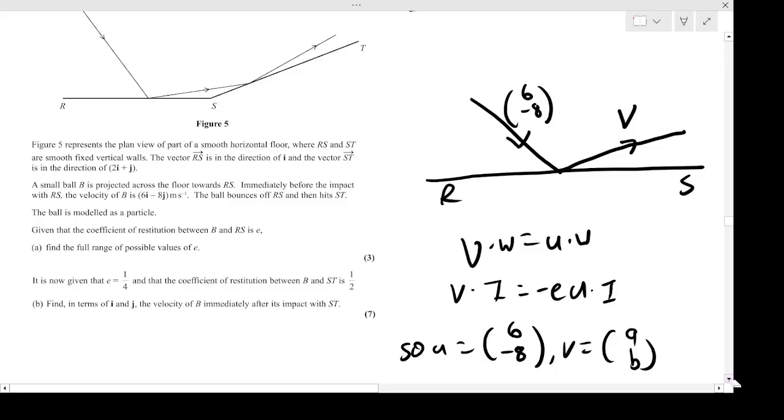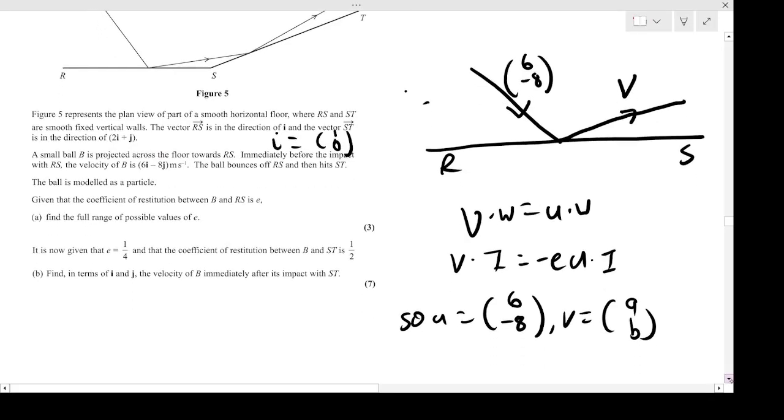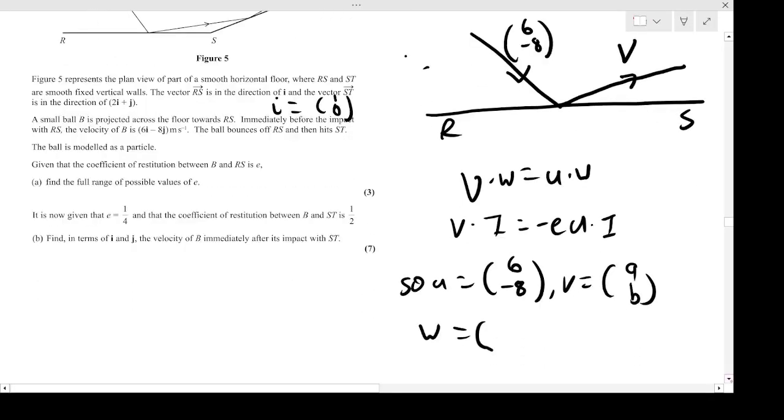So if the wall vector is in the direction of I, well, I is just 1, 0. So that's going to be my wall vector, because it's parallel to I, which is 1, 0. So I can take that wall vector there.